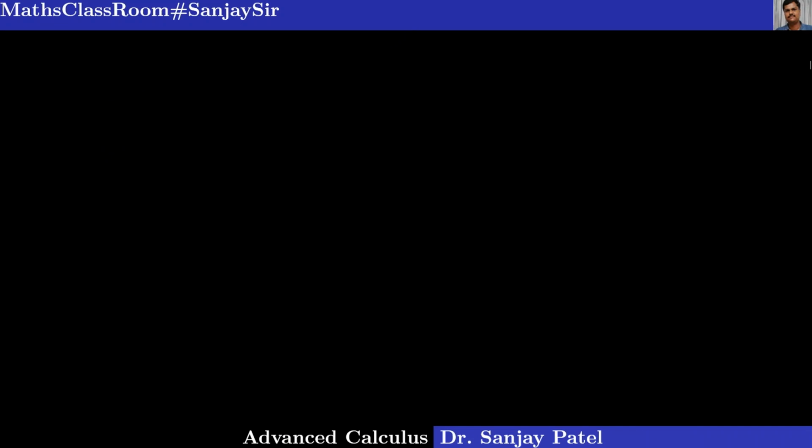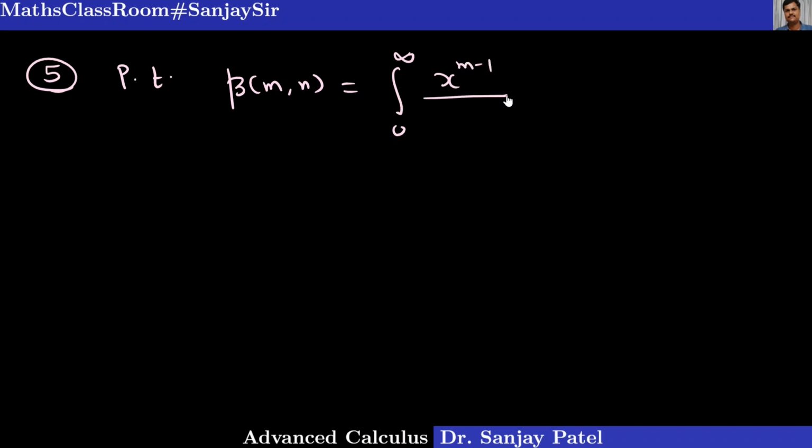So result number 5 is this. Prove that beta m comma n is equal to integral 0 to infinity x raised to m minus 1 upon 1 plus x raised to m plus n dx.